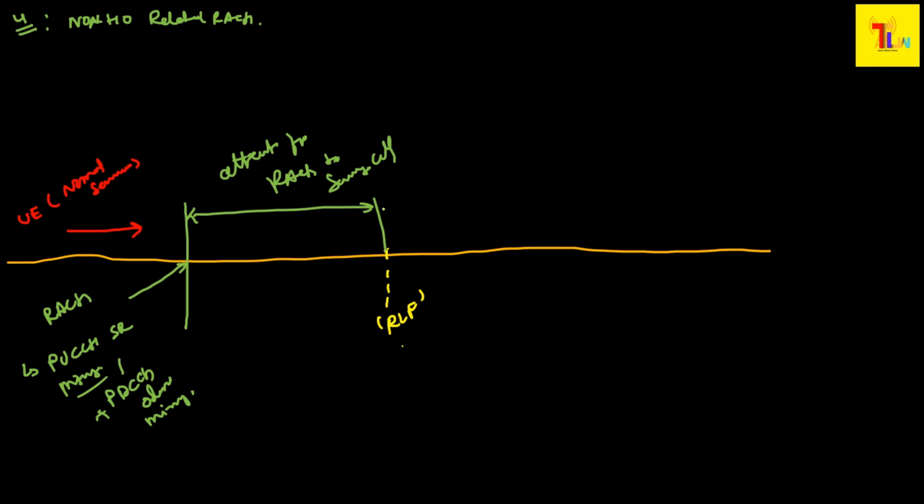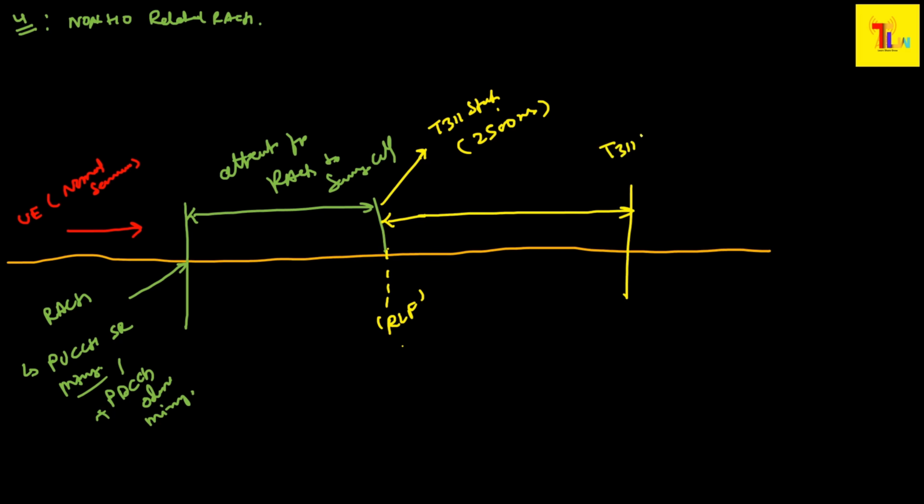At this point again your T311 will start, and it can be a value like 2500 ms, system to system. We are giving maximum time to do the RRC connection re-establishment process, and once it is not able to do that, it will stop, go to the idle mode, and try to do the cell reselection and tracking area update.